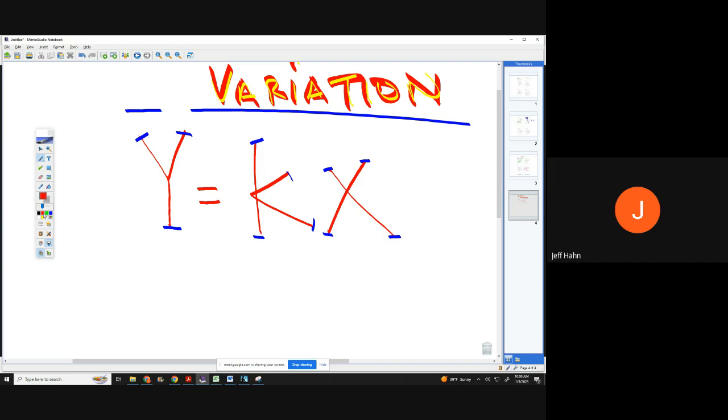So there are some things that as one goes up, the other goes down. But in direct variation, as one goes up, so does the other. That's how most things work. Most things are direct variation. It is also really the same thing as being proportional.